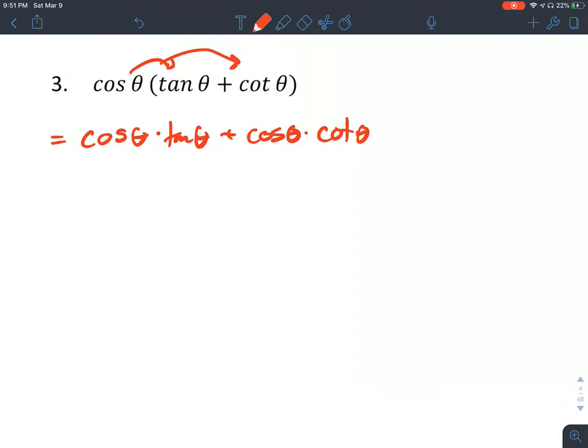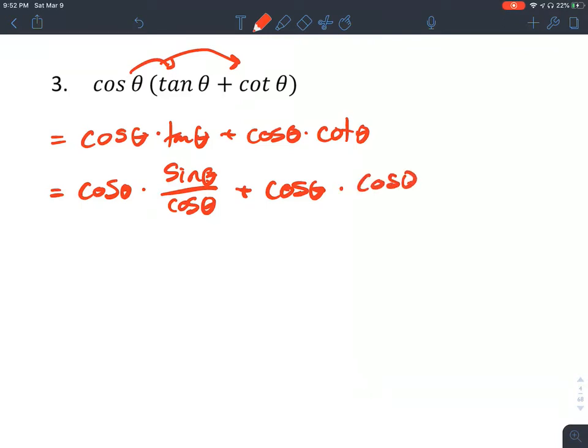Now I'm going to choose to change everything in terms of sine and cosine. So cosine of theta times, what does tangent of theta equal as regards to sine and cosine? Well, it's sine of theta over cosine of theta, plus cosine of theta. I'm not changing it because it's already in terms of cosine. I'm going to change cotangent to cosine of theta over sine of theta.